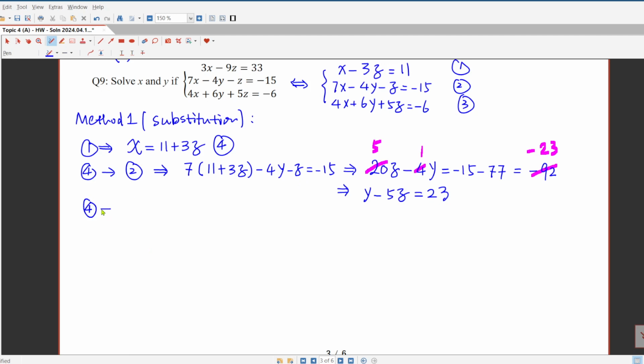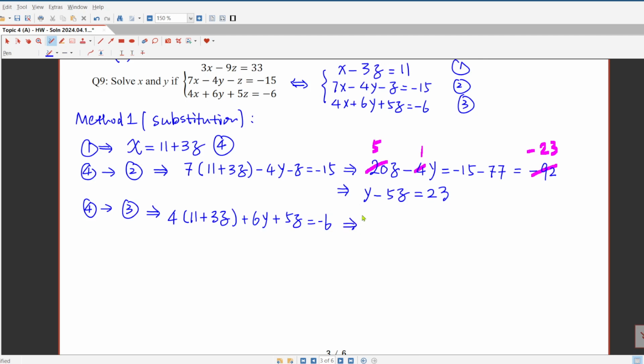Then put equation number 4 into equation number 3. And this will also eliminate x there. So 4 times x, which is 4 times (11 plus 3z), plus 6y plus 5z equals negative 6.